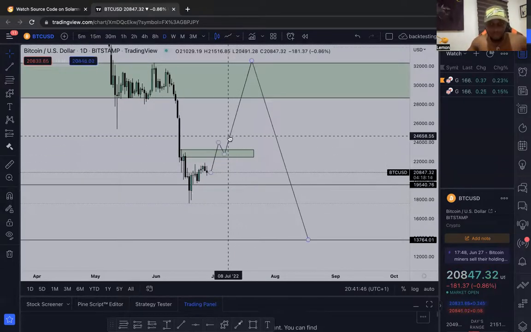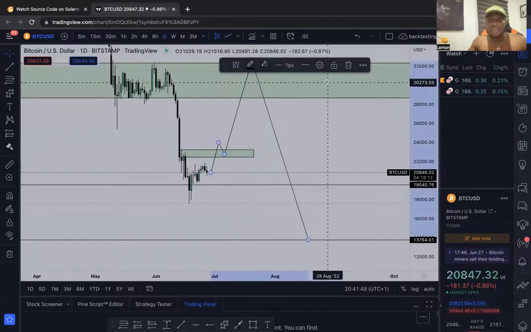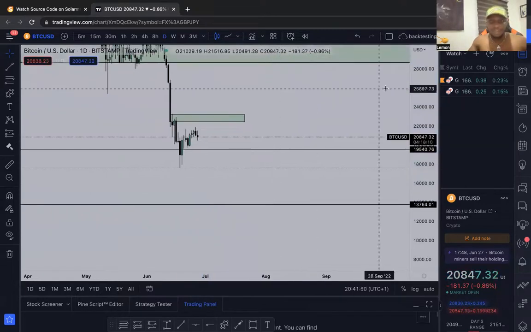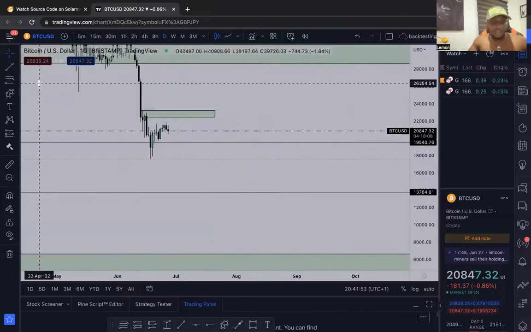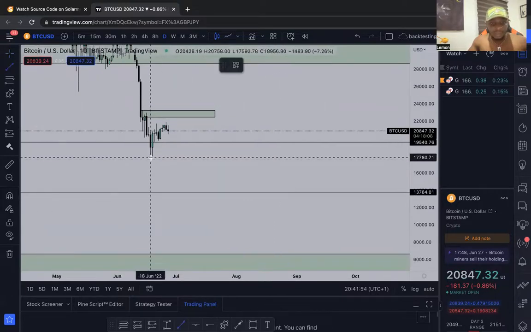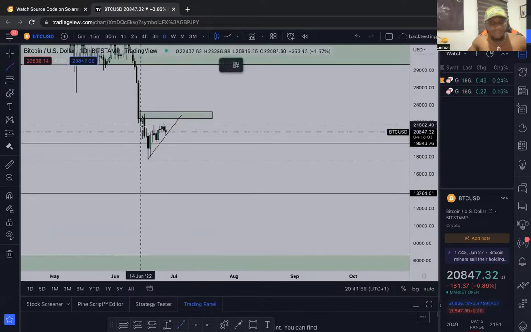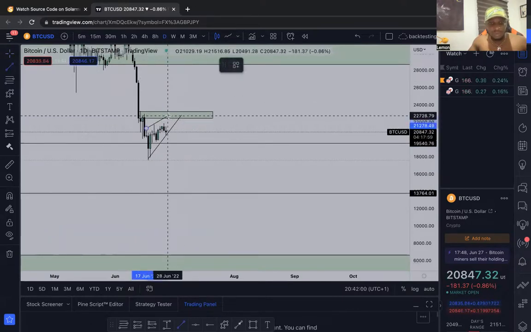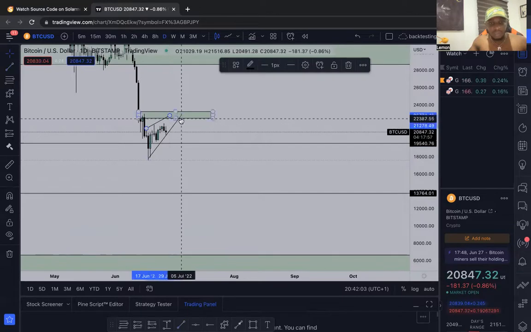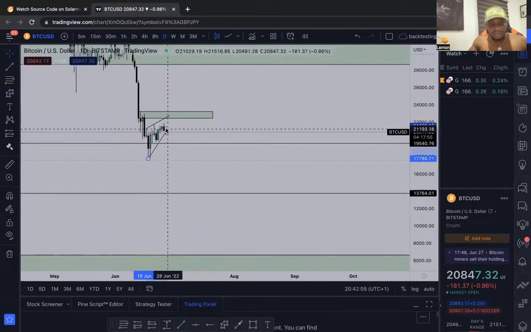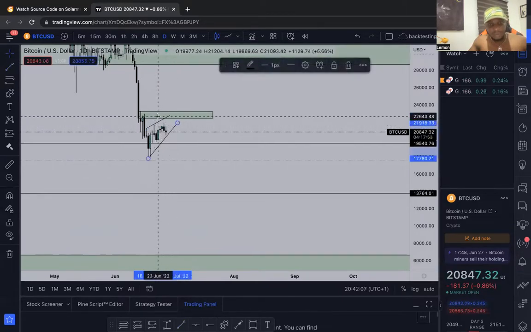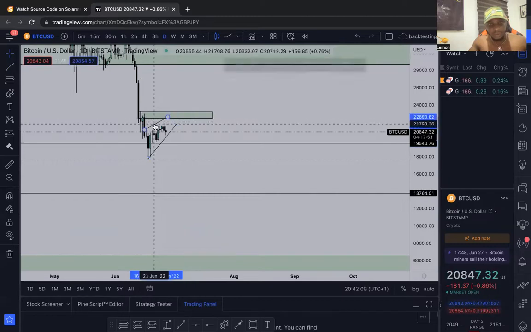But right now, what I'm seeing is a bearish flag. A flag is a pattern in the market whereby after a minor retracement, price continues. So this is a bearish flag here. Let's do it this way.